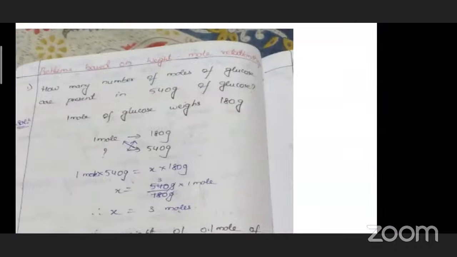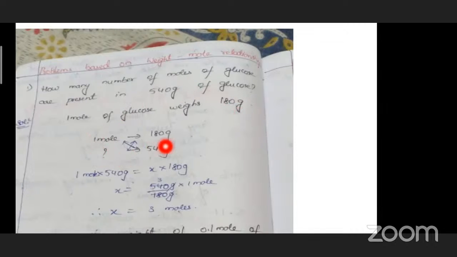Yeah. Next, another problem. Let us see. Problem based on weight mole relationship. So here we are seeing the weight and the number of moles. Now you see what is given. How many moles of glucose are present in 540 grams of glucose? Here the weight is given and we are supposed to find out the number of moles. We know that 1 mole of glucose, its weight is 180 grams.